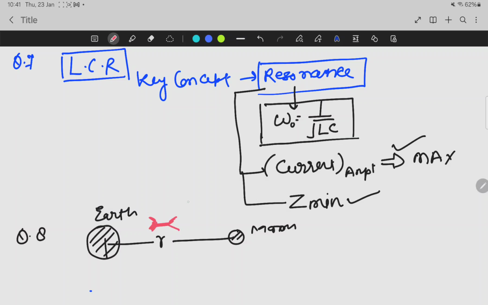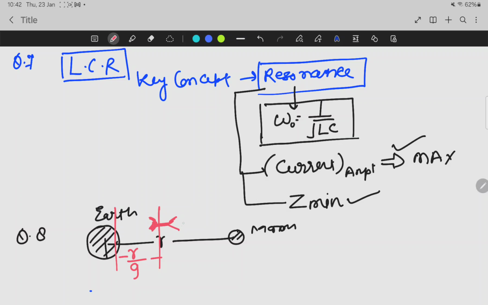Now the satellite is 9 times closer to the Earth as compared to the Moon. So this distance will be less, that's why 9 times closer means R by 9. Multiplying by 9 means it will be farther, somewhere here. That is closer. Closer means R by 9.